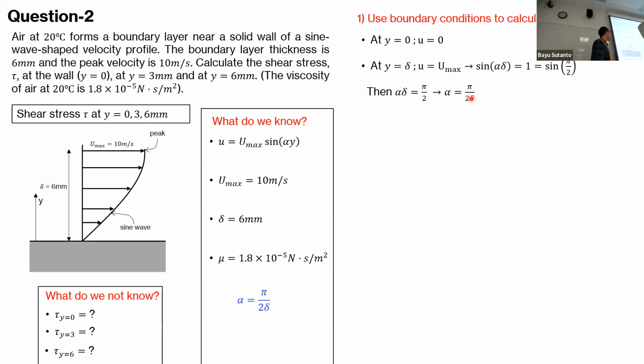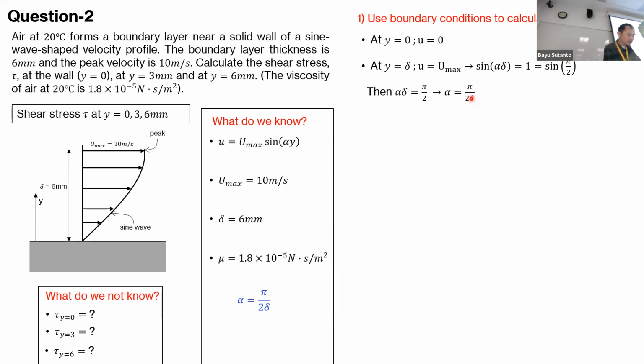And when y equal to delta, alpha times delta is pi per 2, and sin pi per 2 is 1.